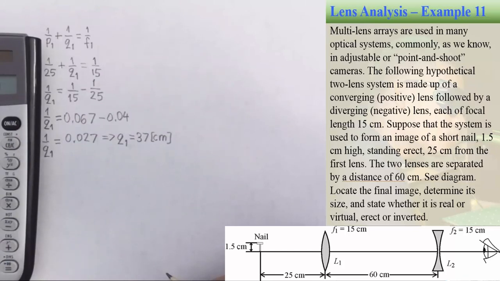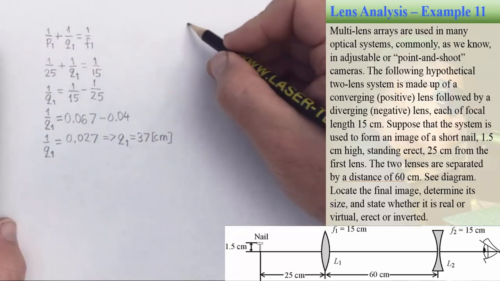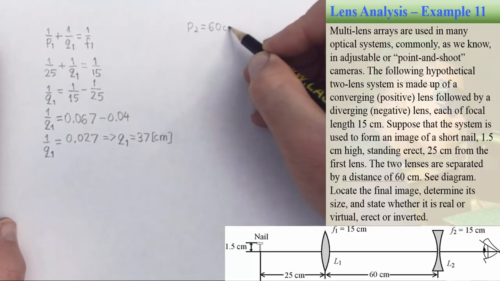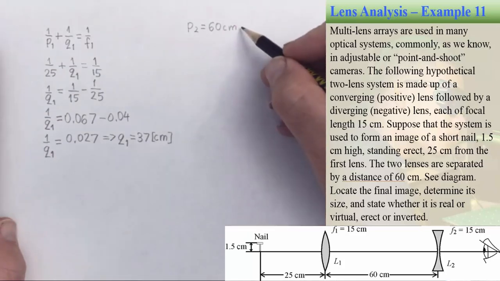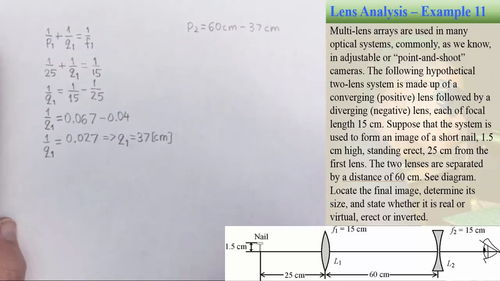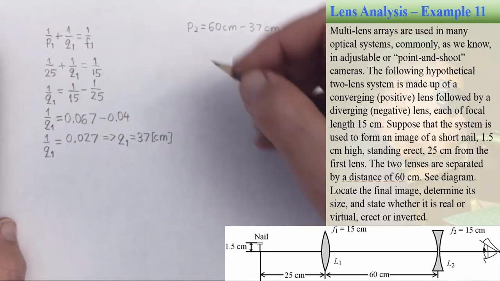And since the distance between two lenses is equal to 60 centimeters, the distance from this original for the second lens, or P2, is going to be simply equal to 60 centimeters, the total distance between the two lenses, minus 37 centimeters distance from the first lens to the image created by the first lens, or original for the second lens.